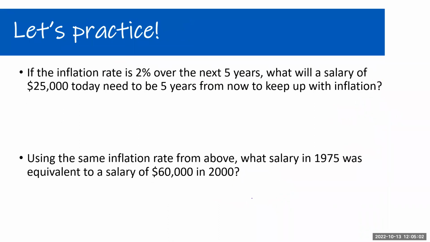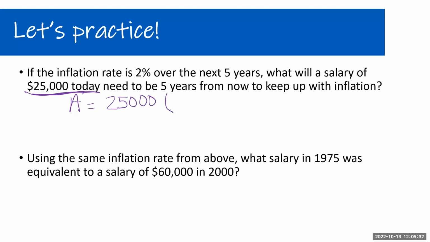Now, I want you to pause here and get some practice. If the inflation rate is 2% over the next 5 years, what will a salary of $25,000 today need to be 5 years from now to keep up with inflation? So we know today, and we're talking about the future. The later one is always going to be A, so the future is what we're looking for. We know that we had $25,000 today.